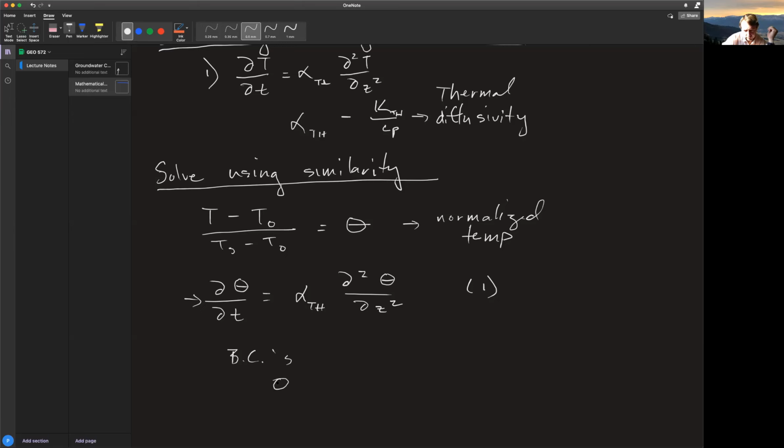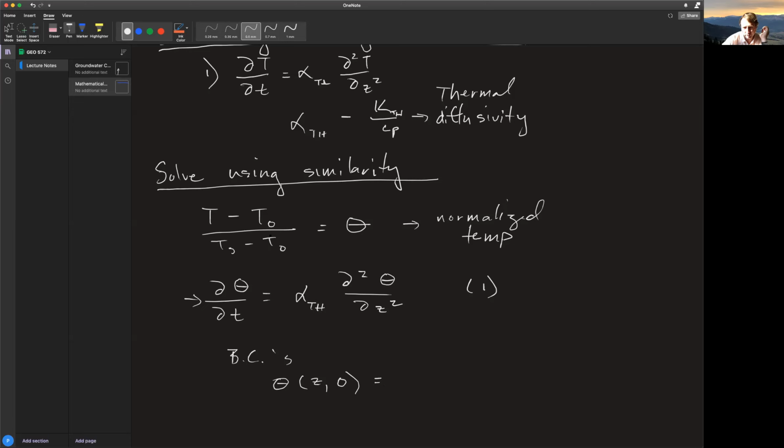At all depths at a time of 0, that would be the temperatures everywhere at time 0.